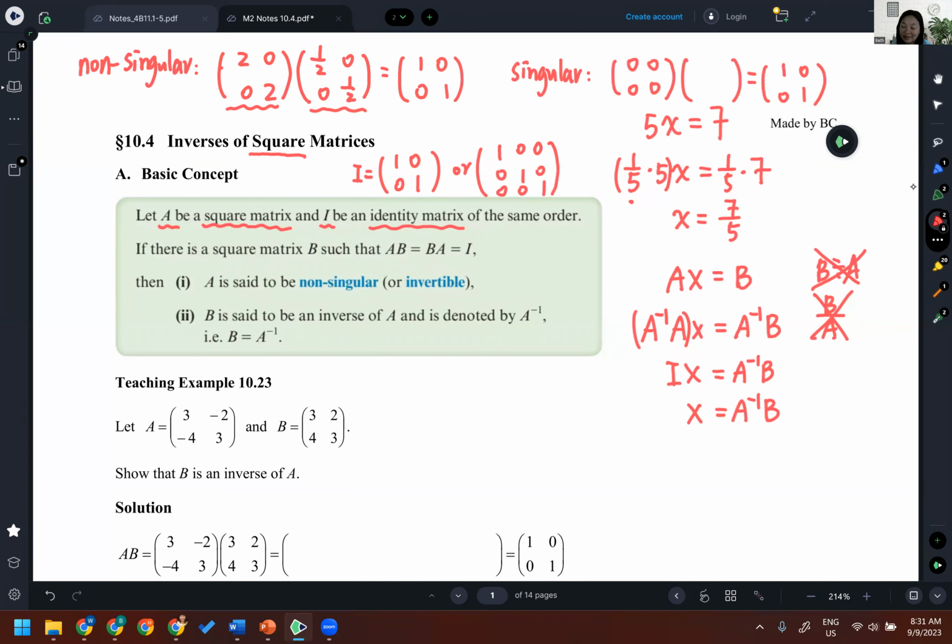Is it fine? About the name, non-singular and singular. It's quite confusing because it's not a grammar term, like singular and plural. It's not talking about something as alone or with many. The word singular has a positive connotation.